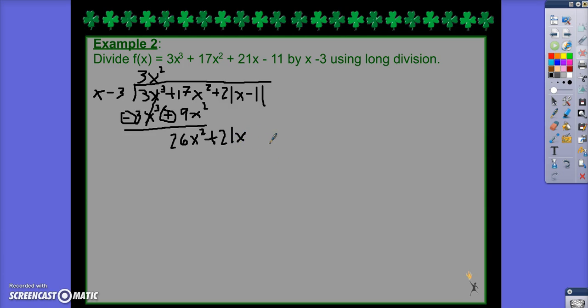And then I ask myself again, what times x gives me 26x squared? Hopefully you get plus 26x. Now I take 26x, I multiply it by that. 26x times x is 26x squared. 26x times negative 3 is negative 78x.